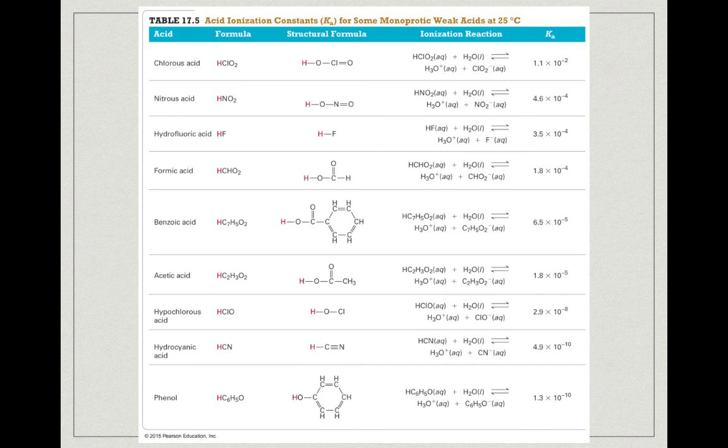And then as we go down the chart, at the very bottom we've got phenol, and that has a Ka of 1.3 times 10 to the minus 10. So that equilibrium lies quite a bit farther to the left on the reactant side, and you have a lot less dissociated phenol there and very little H3O plus produced. So a solution of phenol compared to a solution of chlorous acid would be a lot less acidic.